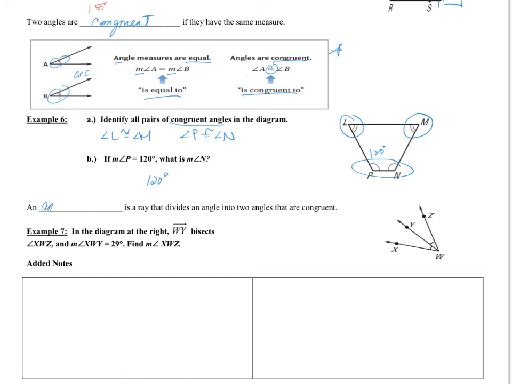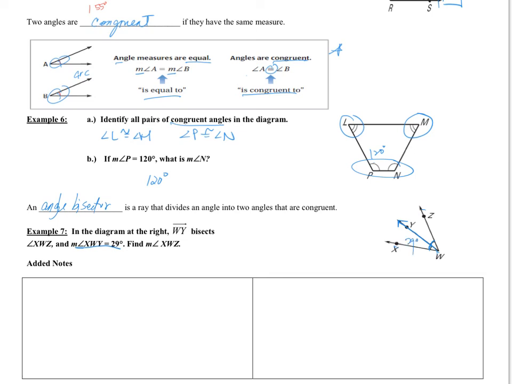An angle bisector is a ray that divides an angle into two angles that are congruent. So example 7, we have ray WY bisecting angle XWZ. So this means this bisector will cut the angle into two congruent angles. Here it gives angle XWY is 29 degrees.